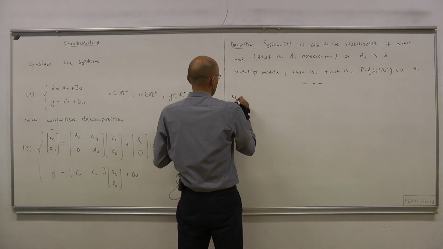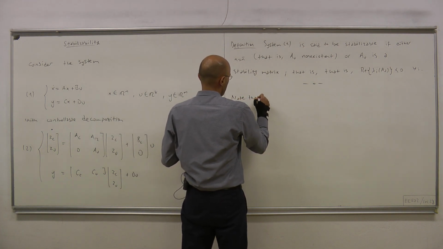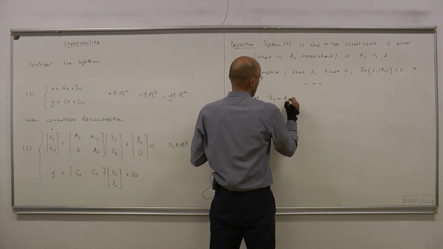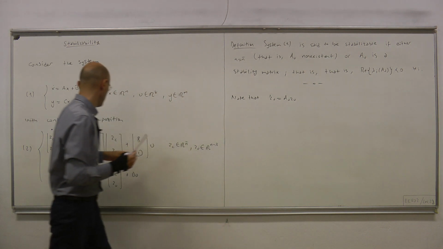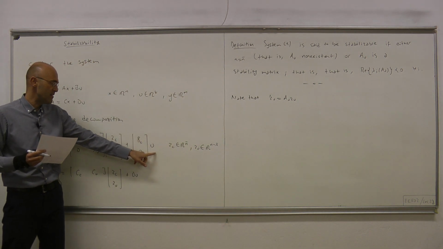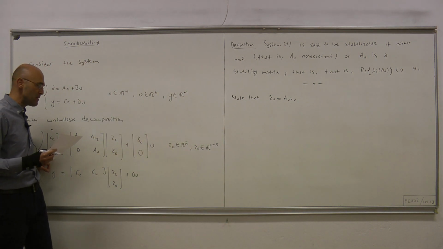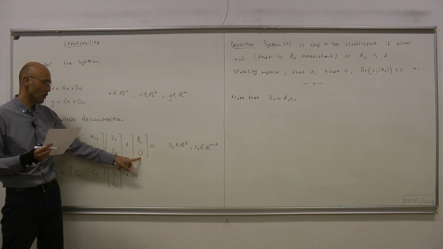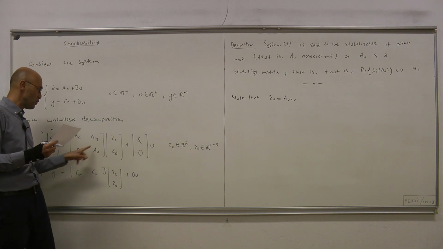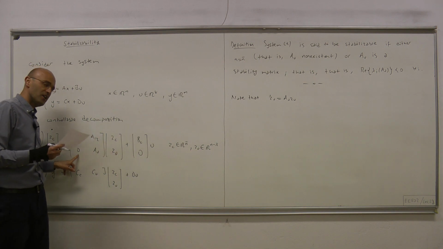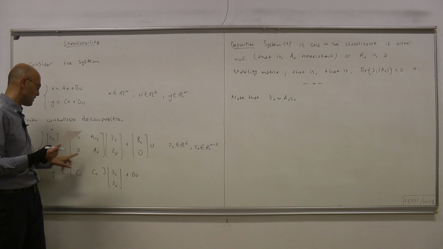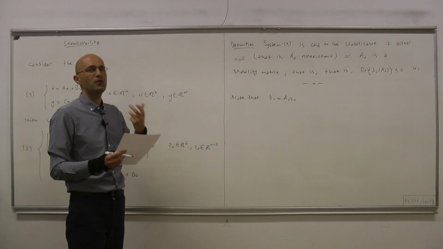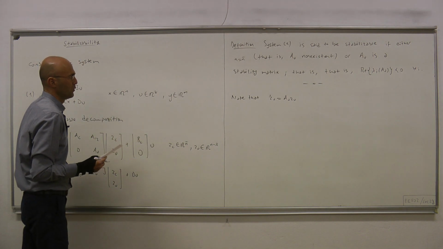First of all, note that Z_U dot equals A_U Z_U. There's no way that we can affect this Z_U dynamics either directly through the input, because this is 0, or indirectly through the Z_C dynamics, because this entry is also 0. So Z_U dynamics depends only on the initial Z_U conditions.